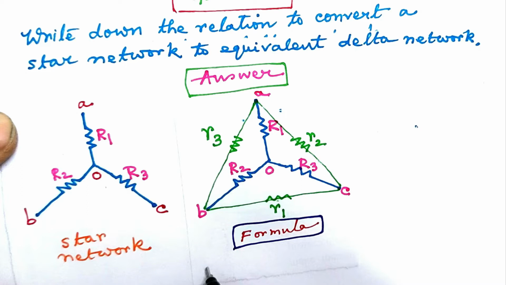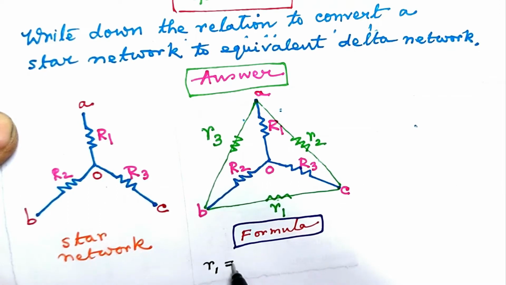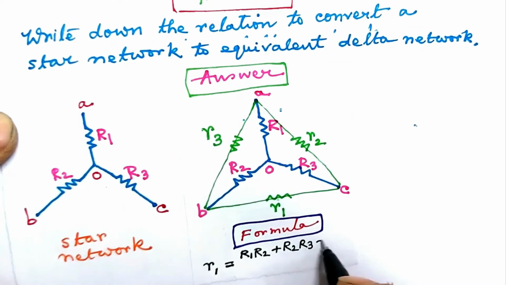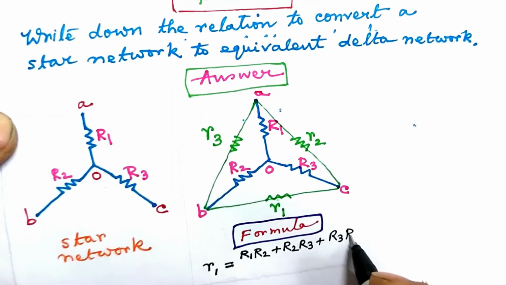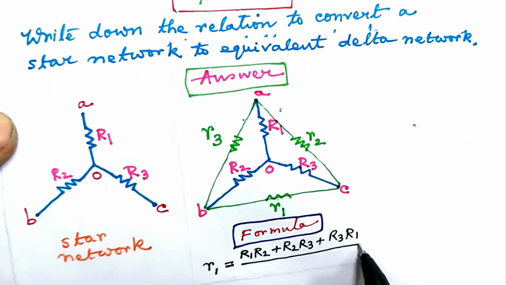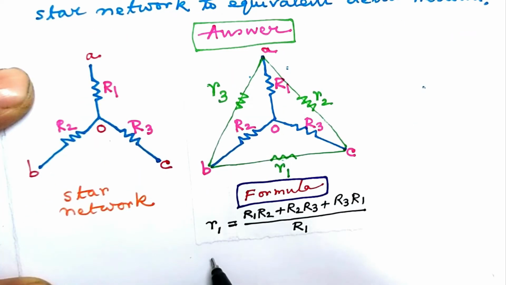And the relations are, let us write it explicitly. Small r1 equal to sum of the pairwise product of star network resistances, that is sum of the pairwise product of capital R's divided by capital R1. Look, capital R1 lies opposite to small r1.